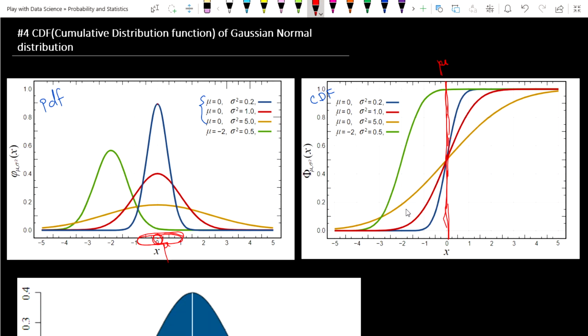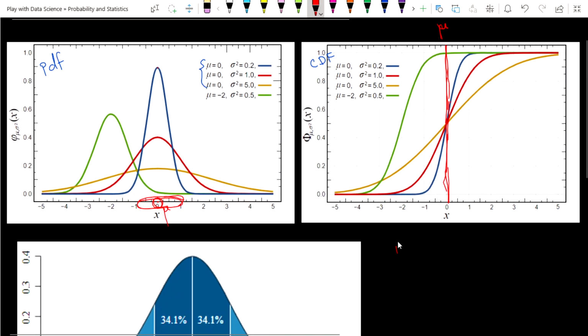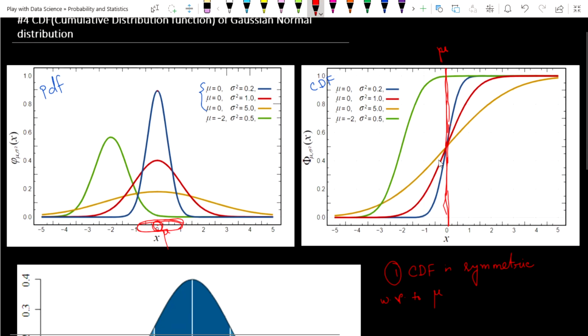The curve is symmetric. The first observation is that the CDF is symmetric with respect to the mean mu.